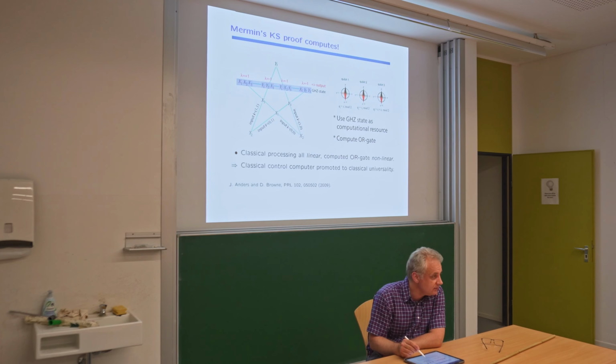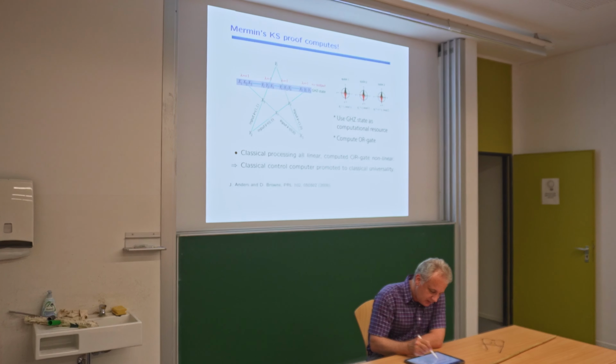So we have 2 bits of input for the OR gate. It makes 4 input combinations: 0,0; 0,1; 1,0; 1,1. And each of these input combinations we now assign to one of the remaining contexts.